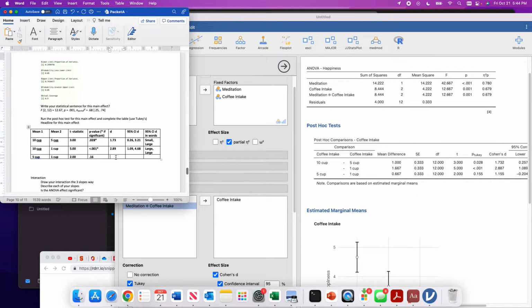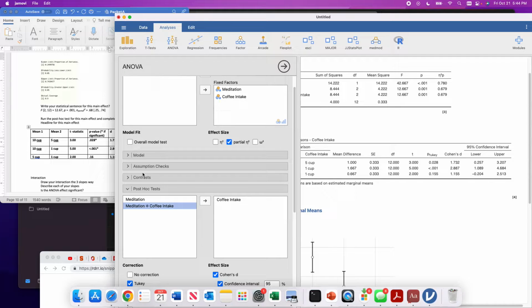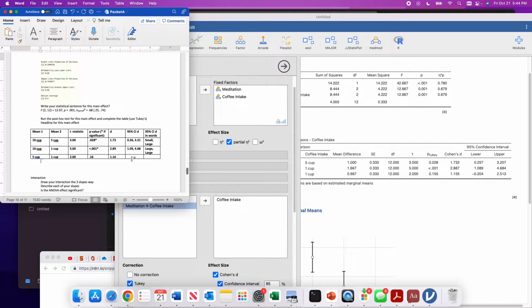The starring thing is just what we do to say, hey, this is significant. The Cohen's d is 1.16. The 95% confidence interval of Cohen's d is from negative small, negative 0.20, to 2.51.